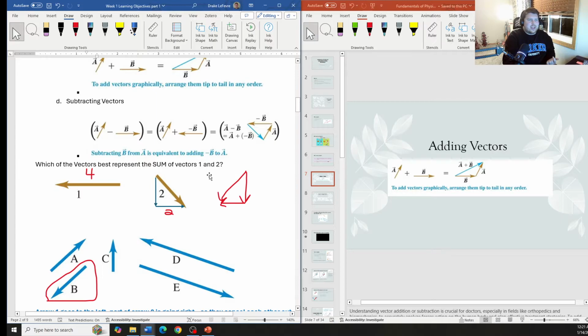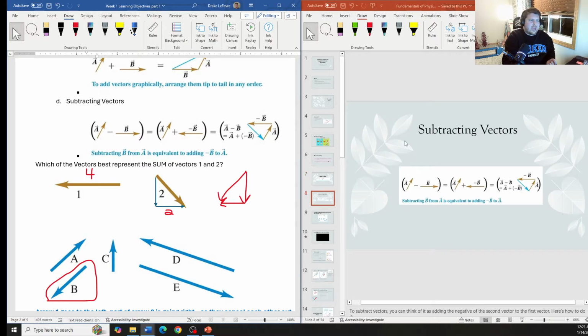It's a little bit weird to think about subtracting vectors, especially in the form of biomechanics. But the tip is that you take whatever vector you're subtracting, and you flip it and make it negative instead. And so you flip the directions.